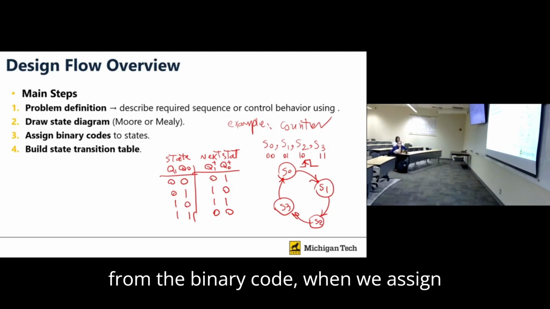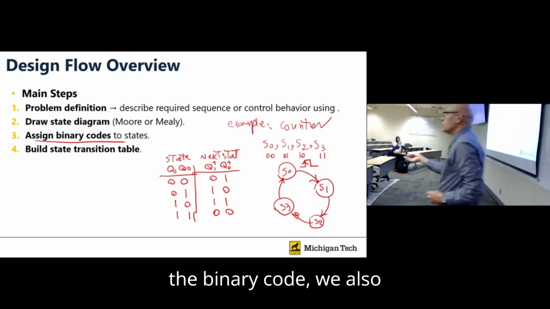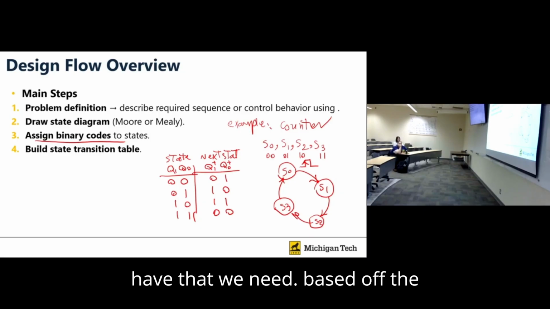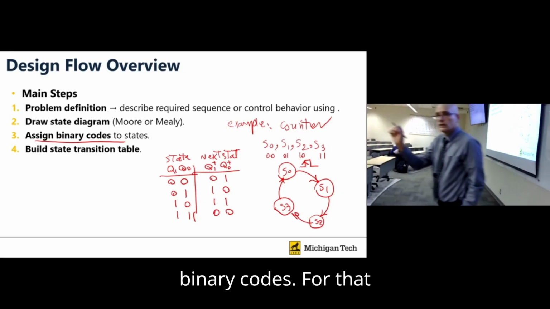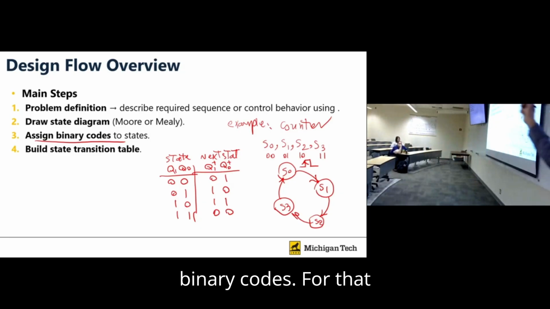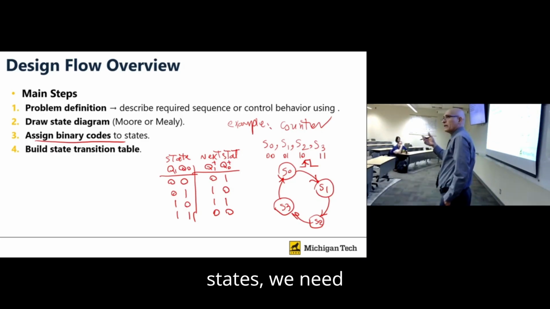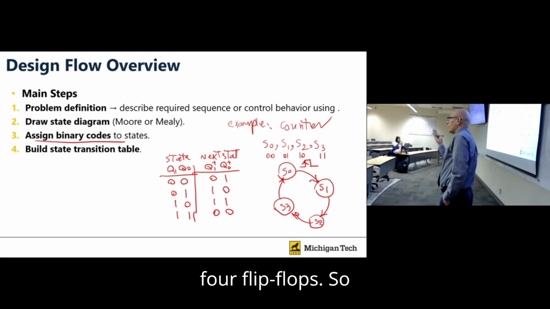So from the binary code, when we assign the binary code, we can also understand how many flip-flops we need. For that example that I mentioned, we have 10 states. We need 4 flip-flops. So that's the important part.